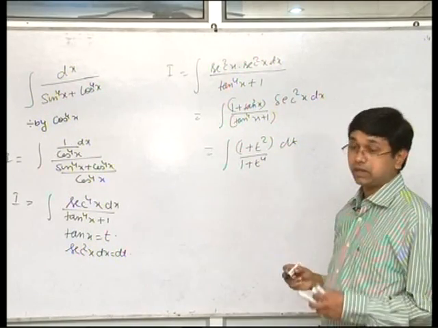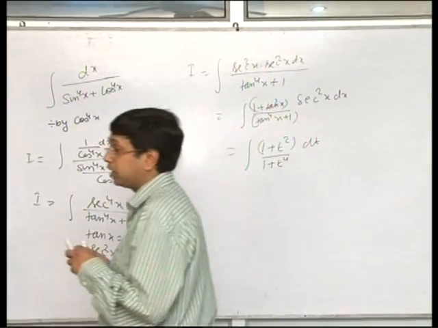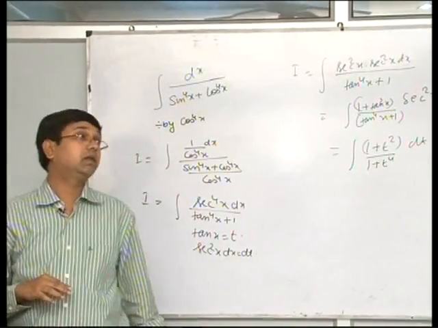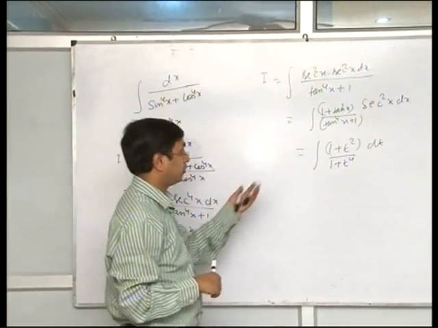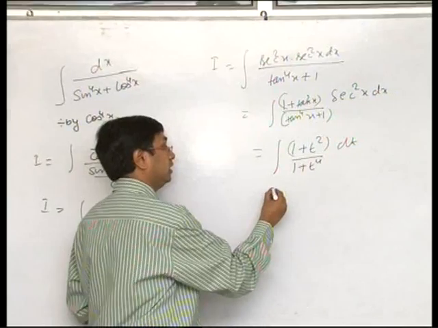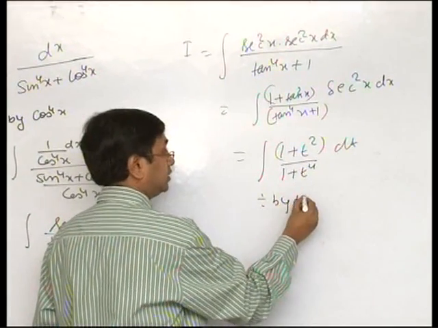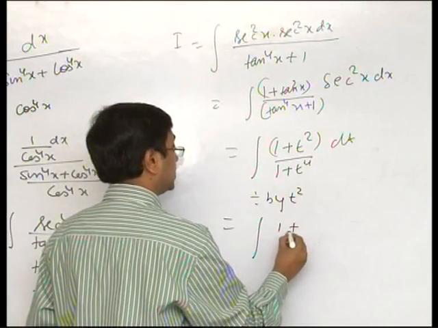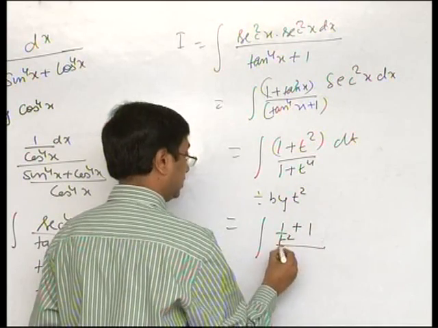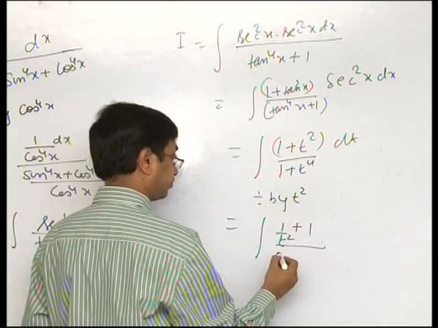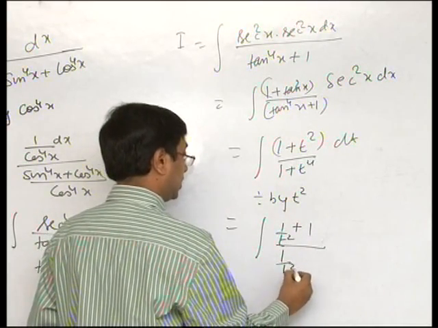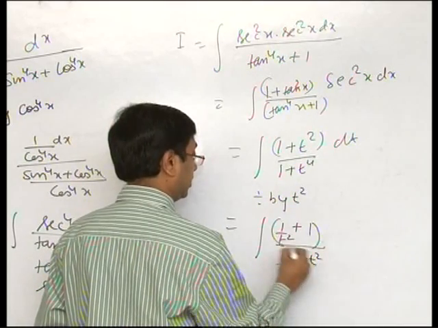And this is a very standard problem. If you remember, it's based on the special integral where we divide such type of problems by t square. So dividing by t square, we'll get 1 by t square plus 1 upon 1 by t square plus t square.